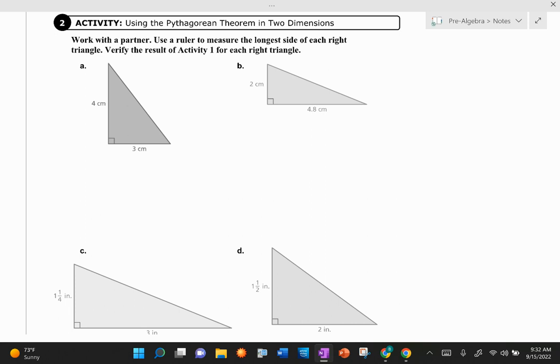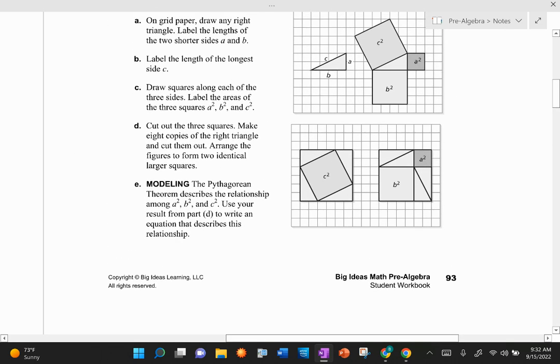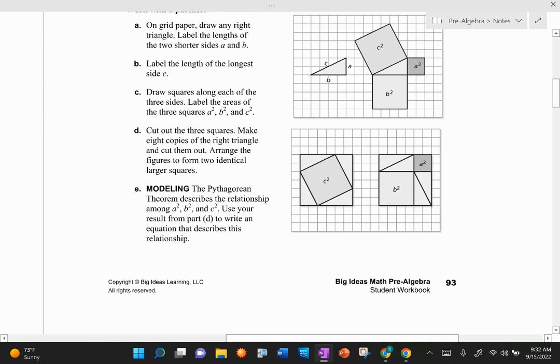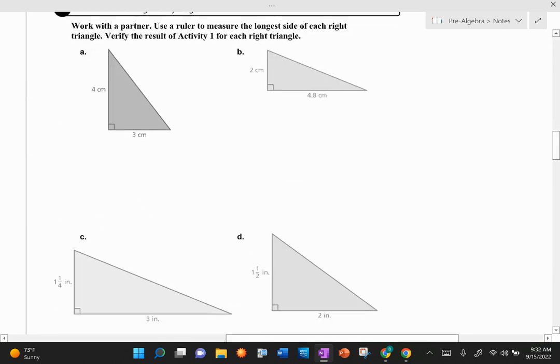Okay, so this next section, you're going to use a ruler to measure the longest side of each triangle. You are only using the ruler to verify the lengths of all of the hypotenuses.